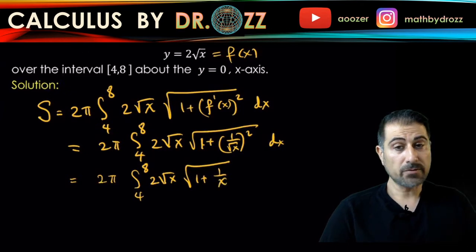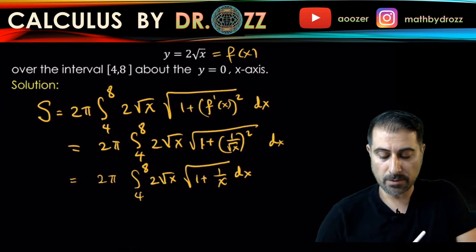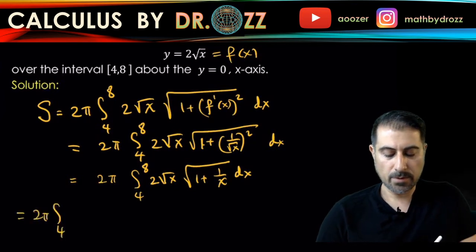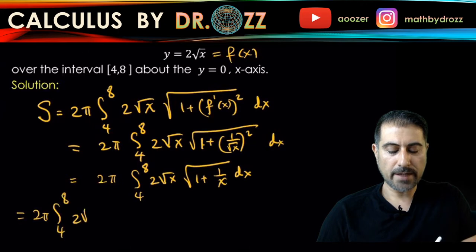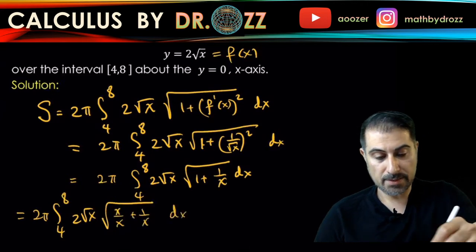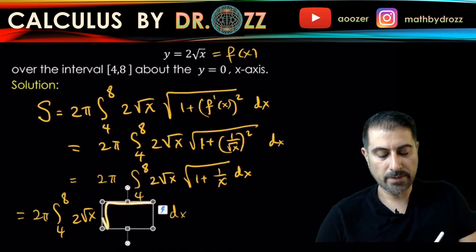We have to simplify this further to be able to use either u substitution or the known integration formulas. So instead of 1, I'm going to write x over x plus 1 over x. So this implies that you have x plus 1 over x inside the radical.